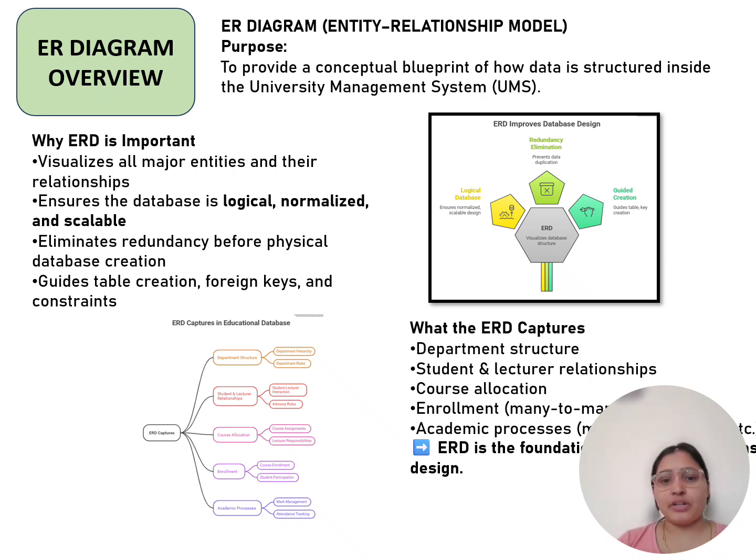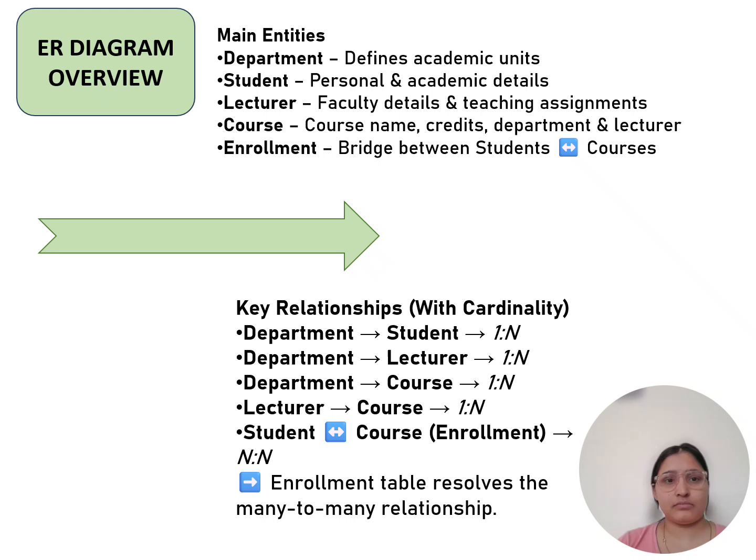The ER diagram captures department structure and student and lecturer relationships. It captures course allocation, enrollment, and academic processes, etc. The main entities in our ER diagram are department, student, lecturer, course, and enrollment. The department defines academic units.